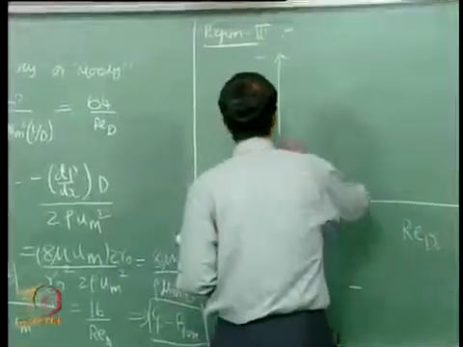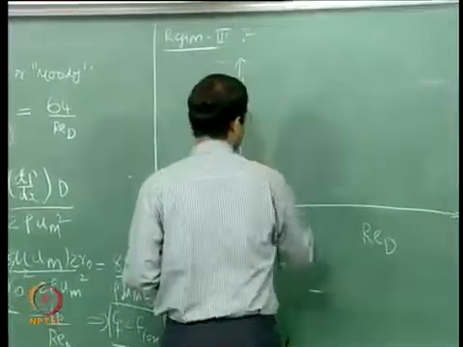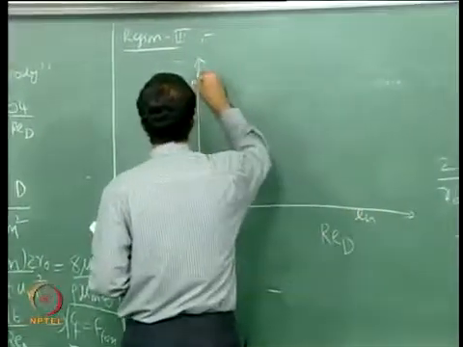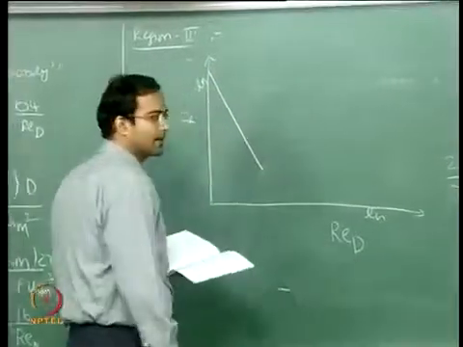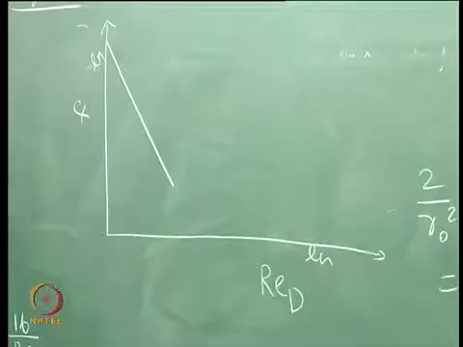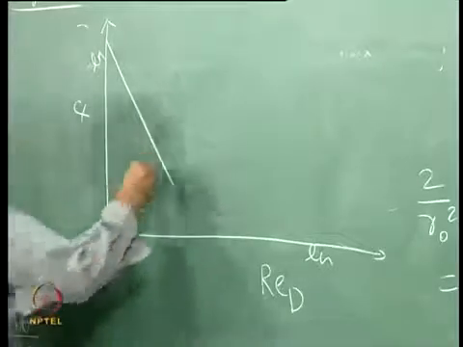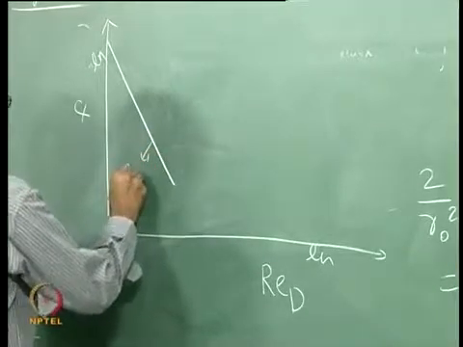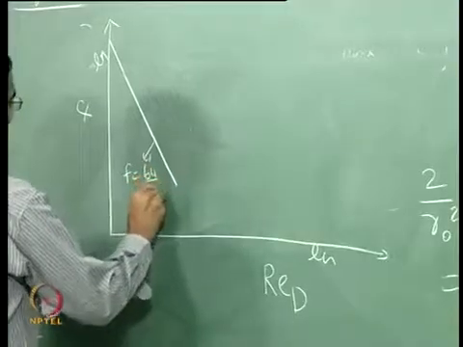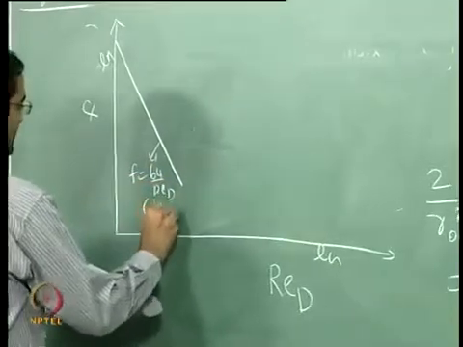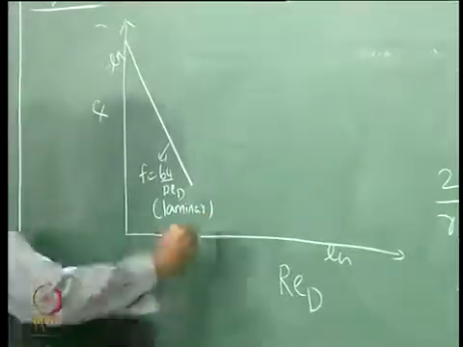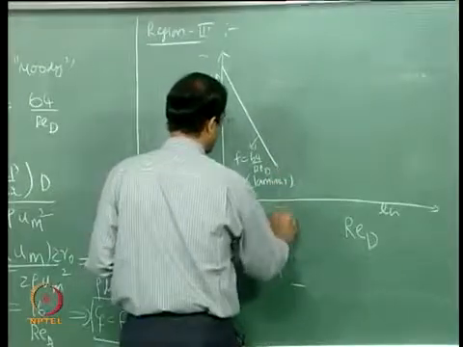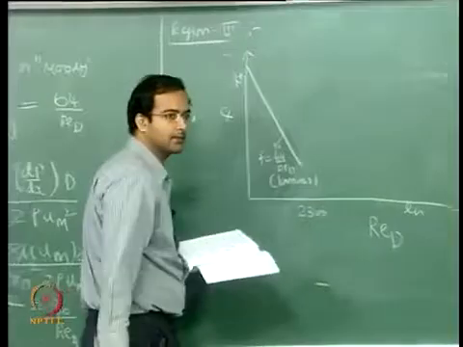So on a log scale, with increasing Reynolds number the friction factor comes down, right. So this is your relationship, f is equal to 64 by Re_D, and this is valid till the critical Reynolds number, you can say 2300.